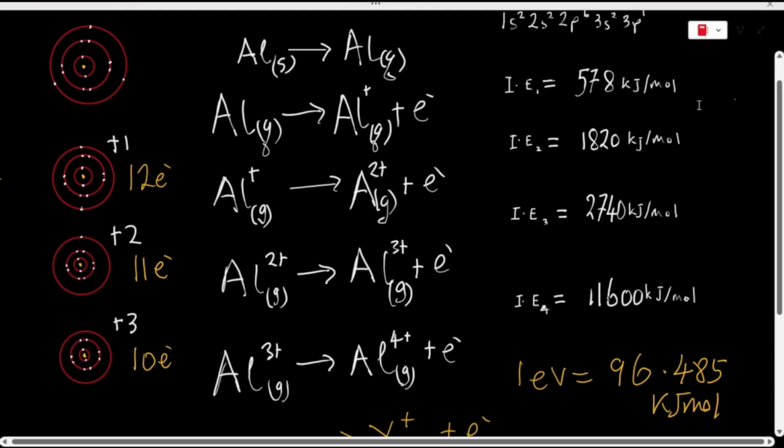So when we know the successive ionization energies of elements, we are from those figures able to determine or predict the group in which the element finds itself. Whenever we identify a huge gap, a huge jump, it means that an electron is being removed from an inner principal quantum energy shell, and that will give us an idea of the group within which the element is most likely to be.